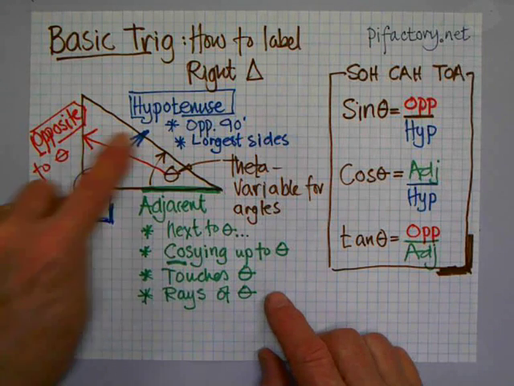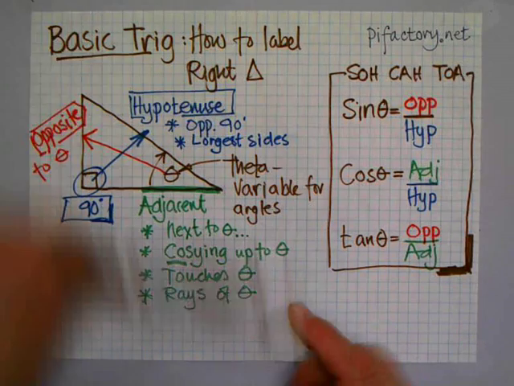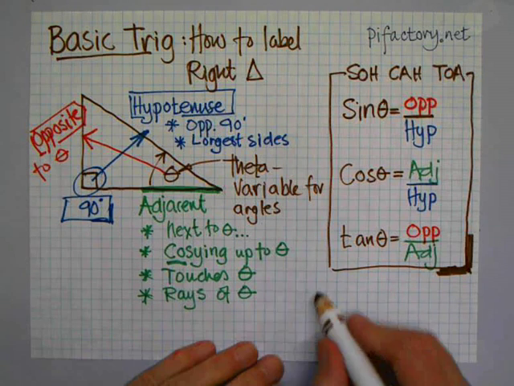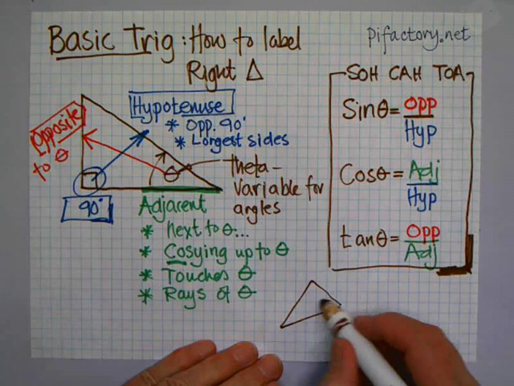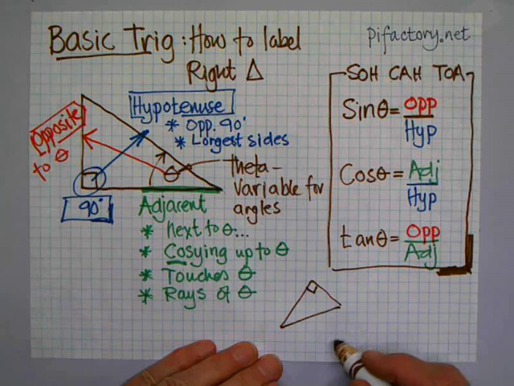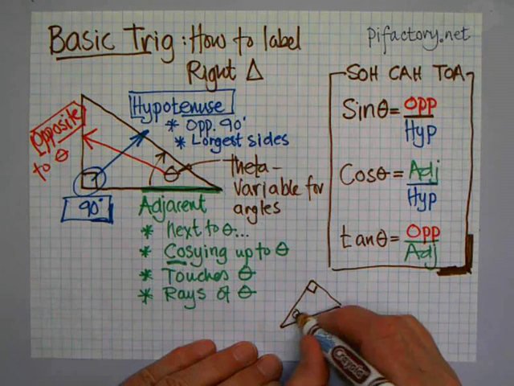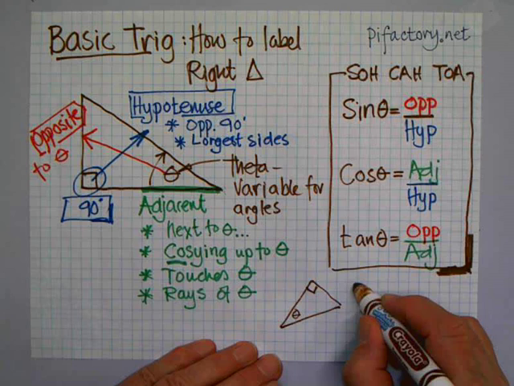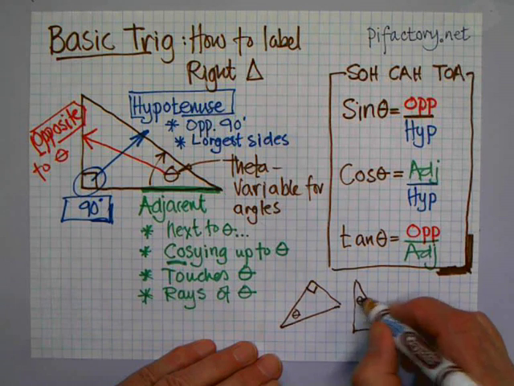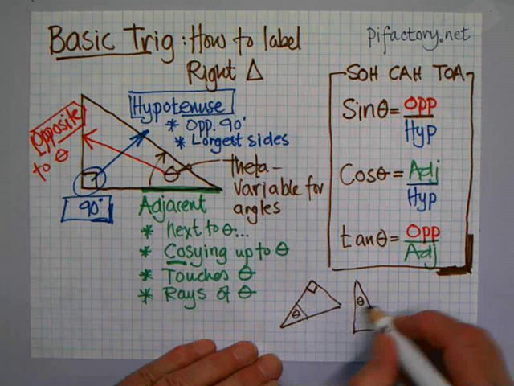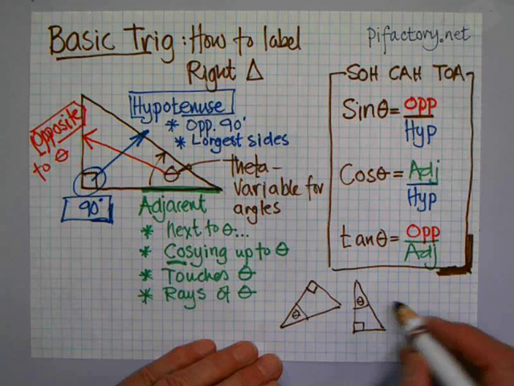So what's really important is that students get this. Now, of course, the problem is that triangles change. So let's draw a few triangles here. Right angle. Let's say that's theta in this one. Let's do another one here. Let's say theta is that angle.